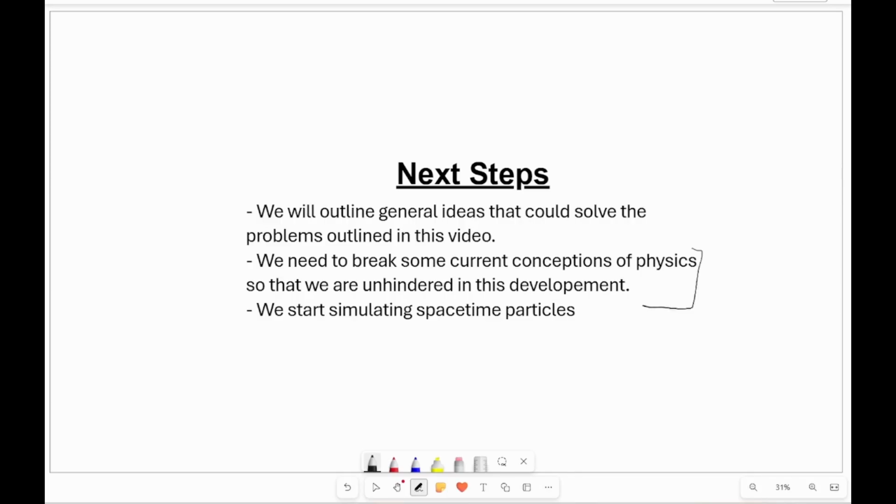I just want to help by breaking some of the notions that I don't think are as accurate or worth us all holding as we move forward with a more novel, unhindered model. And then after we go through a few of those, we'll start to make some sort of spacetime simulation to meet the needs for an Aether model.